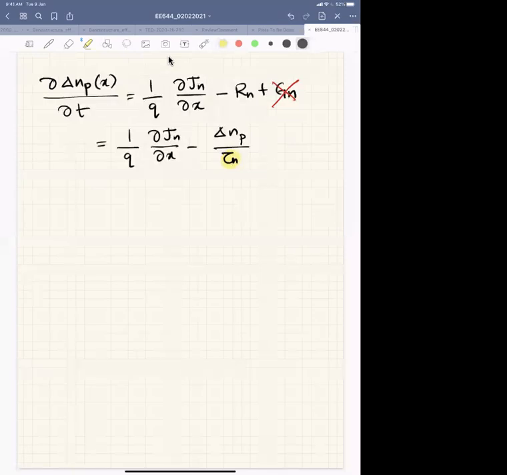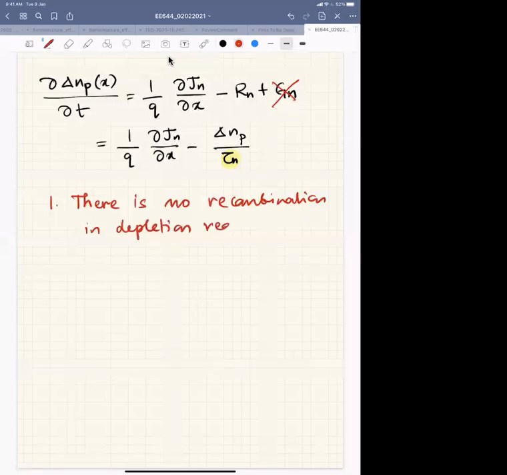A couple of assumptions here. We are assuming that there is no recombination in the depletion region, and also that this is low level injection.